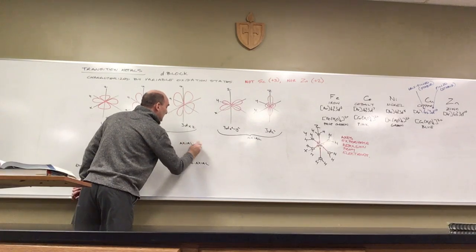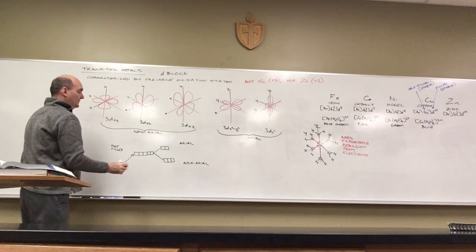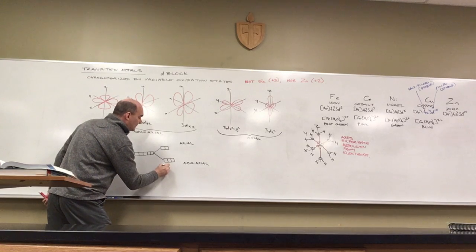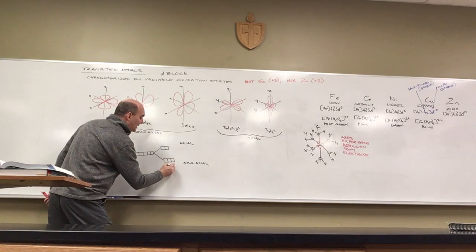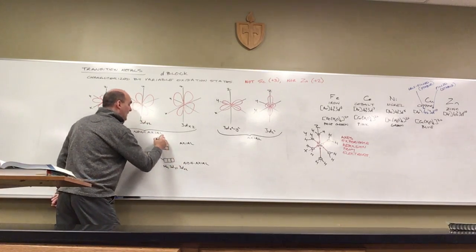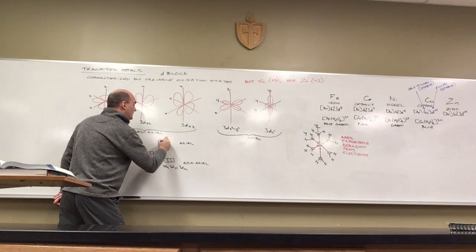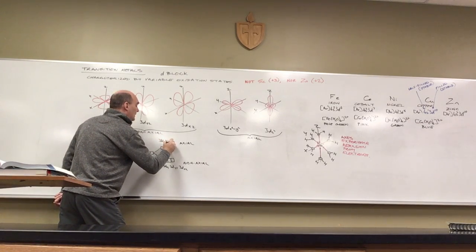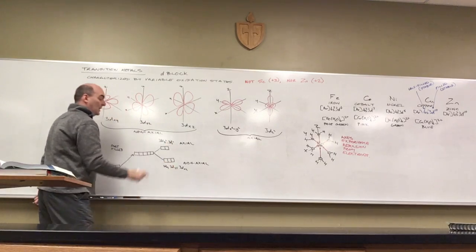These are the axials. So what I have here are my 3D XY, my 3D YZ, and my 3D XZ. And here I have my 3D X squared minus Y squared, and my 3D Z squared.